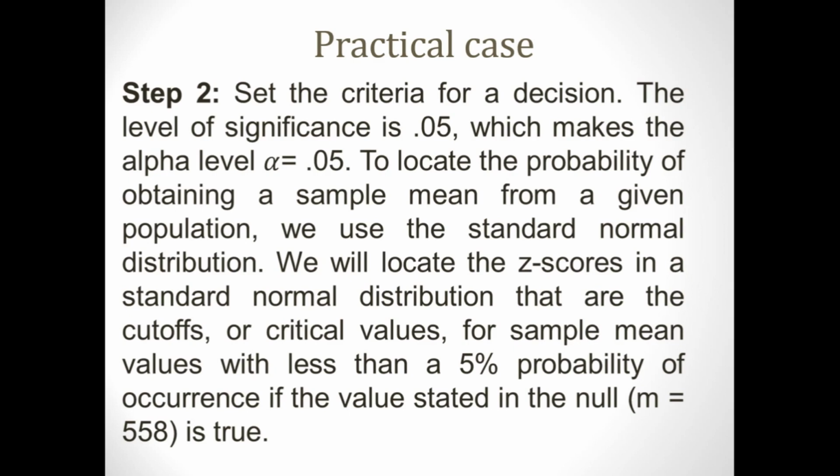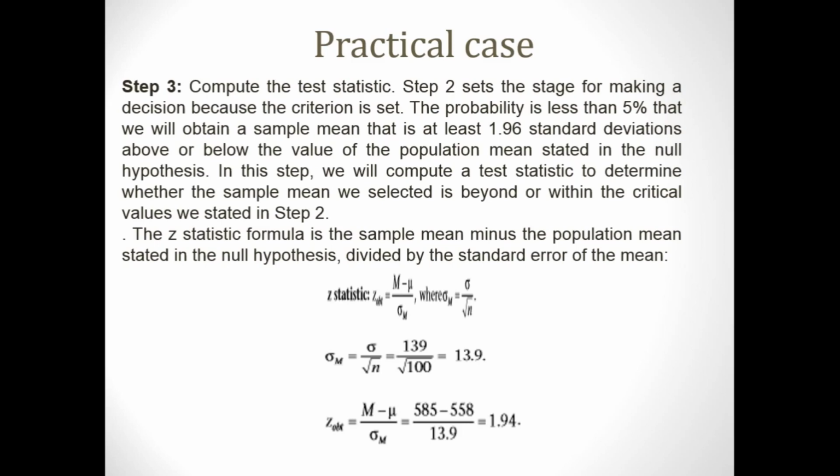In this step, we compute the test statistic to determine whether the sample mean we selected is beyond or within the critical value we stated in step 2. The z statistic formula is the sample mean minus the population mean stated in the null hypothesis, divided by the standard error of the mean.